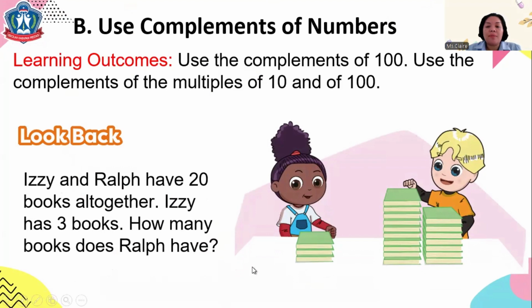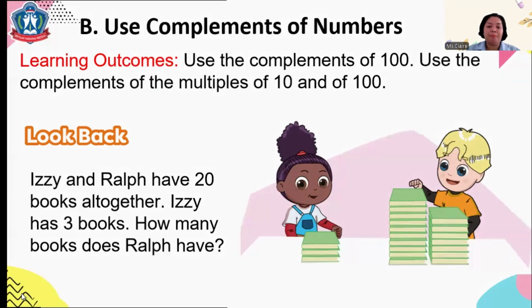So Easy and Ralph have 20 books altogether. Easy has 3 books. How many books does Ralph have? Of course, 20 minus 3 is 17. So 17 and 3 will make 20.